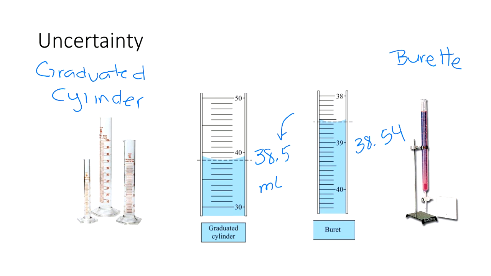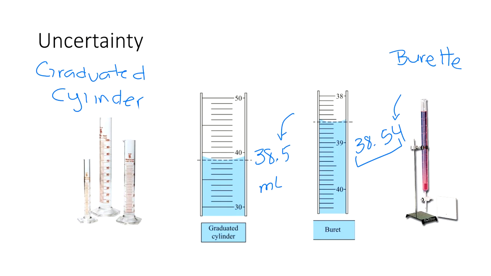So if you see this, 38.5 was given by the divisions, and I guessed one more. But by giving one more decimal, I'm decreasing even more the degree of uncertainty. I'm trying to produce more accurate results.